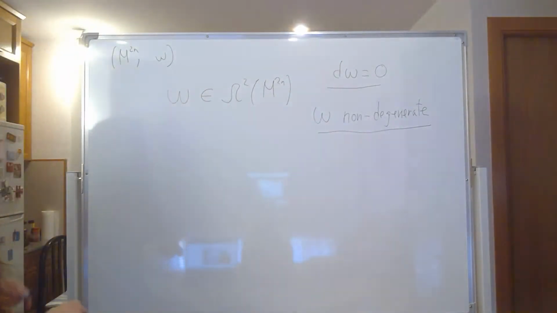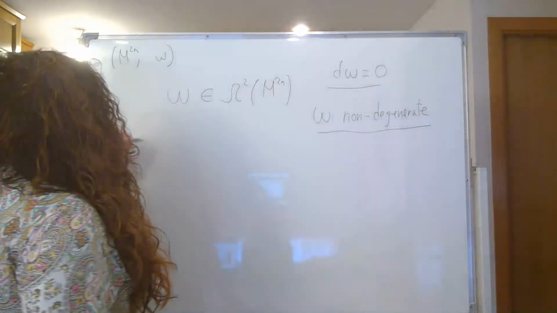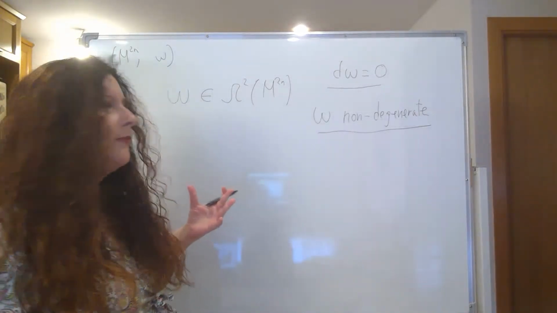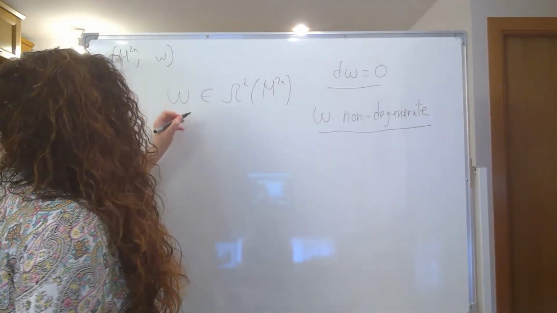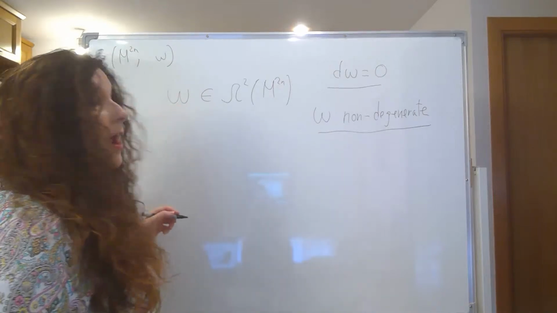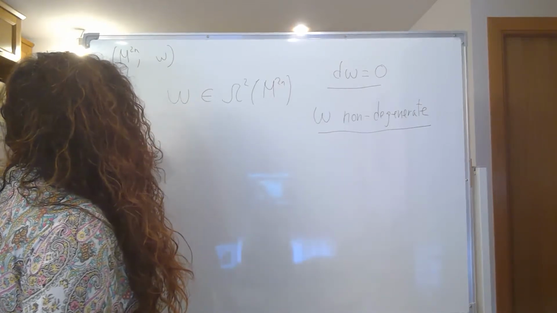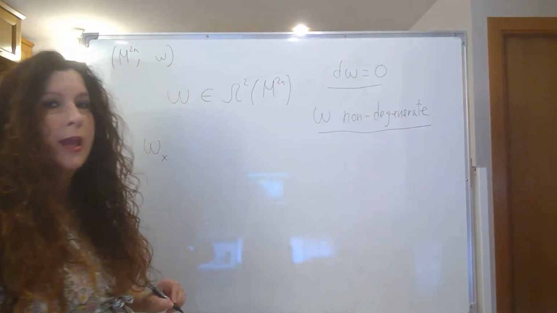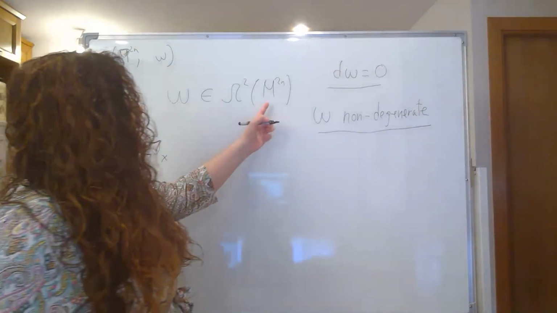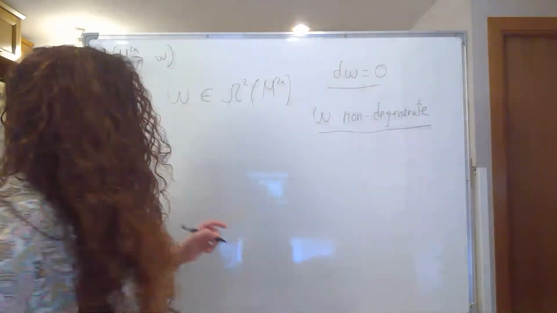So the condition of non-degeneracy is a condition that we could think of in linear algebra, if we just evaluate this at a point. Then this is a 2 form in the dual of the tangent space.